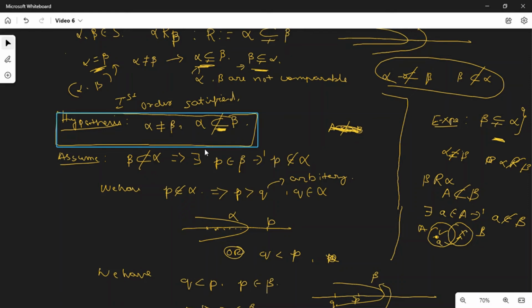Then we assumed that beta is not a subset of alpha. With that assumption, it shows this. Why did we take the hypothesis like this? Because we want to check what happens if alpha is not equal to beta and alpha is not a subset of beta. This one is fixed, but this one is our assumption.